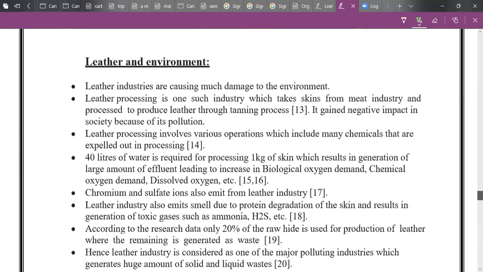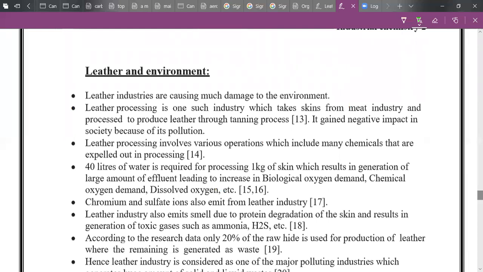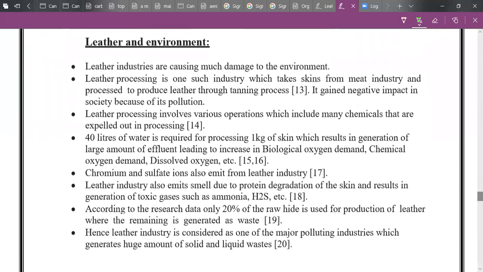The effect of environment on leather or leather industry is causing much danger to environment, and it is one of the most polluting industries. Leather processing is one such industry which takes skin from the meat industry and processes it to produce leather through the tanning process. It gained negative impact in society because of its pollution.